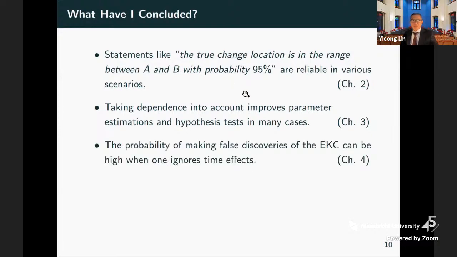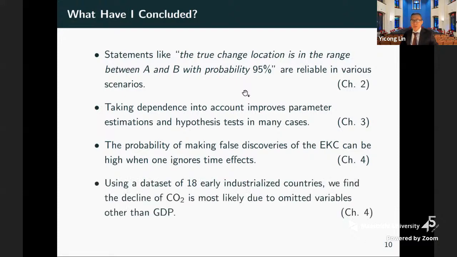We also find if one ignores time effects, the probability of making false discoveries of the EKC can be high. And using a very specific data set, we also find the decline of carbon dioxide emissions is most likely due to omitted variables other than GDP.